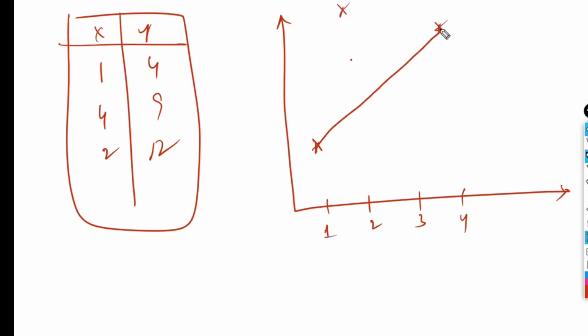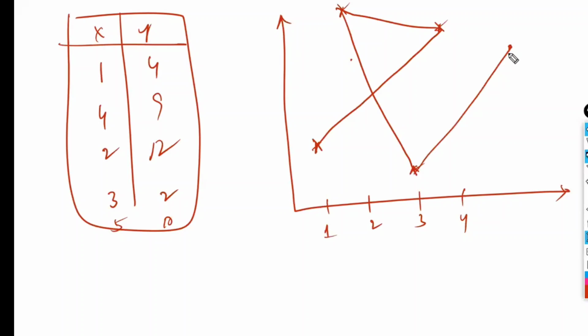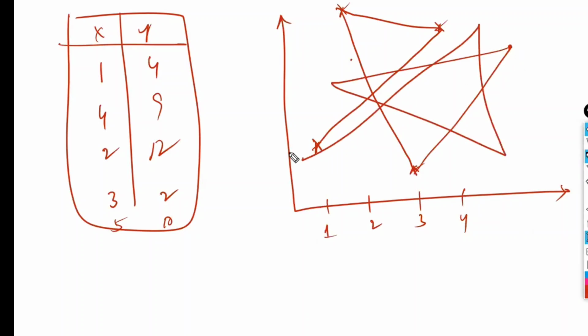First it will go from here to here, then from here to here. Assume the next number is 3, 2. From here it will come to here. The next number is 5, 10. From here it will go to 5, 10. From there it will come zigzag like this.